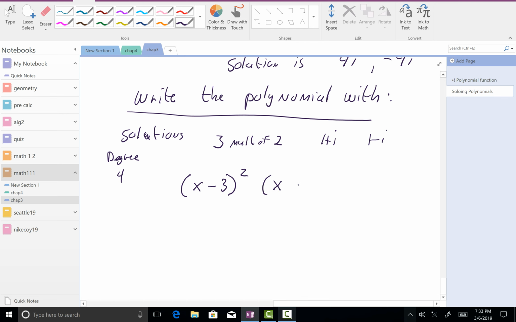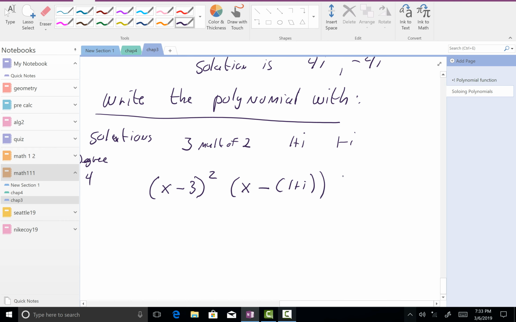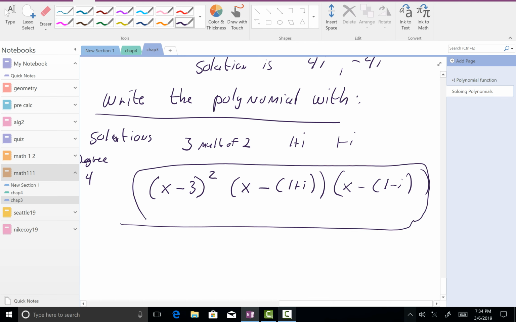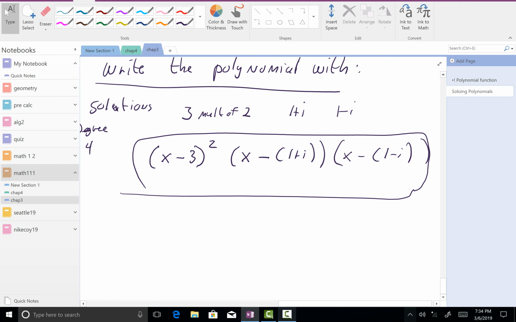Well, here we'll go do this one. Okay, x minus 1 plus i. That's one factorization. What is the other one? X minus 1 minus i. That's right. Okay, so now there it is. But that's the linear factorization of it. They actually do want us to FOIL this thing out.